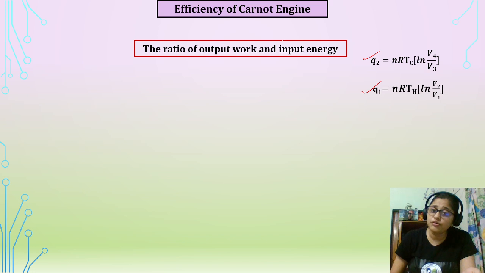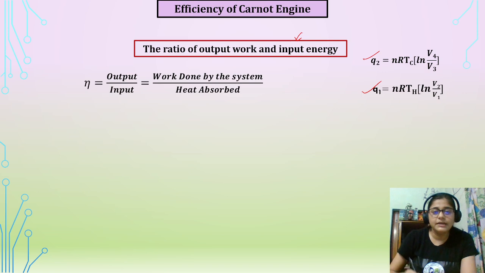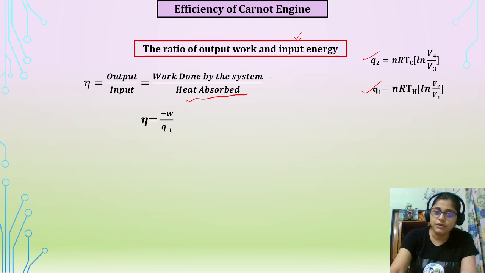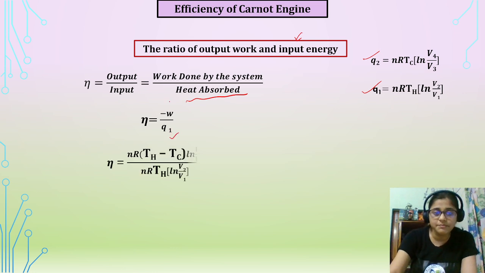For input, what we give is the heat from the source, so Q1. So eta will be output by input, and eta will be work done by the system, this is the output, and heat absorbed. It will be minus W, work done by the system, and Q1, heat absorbed, is Q1.